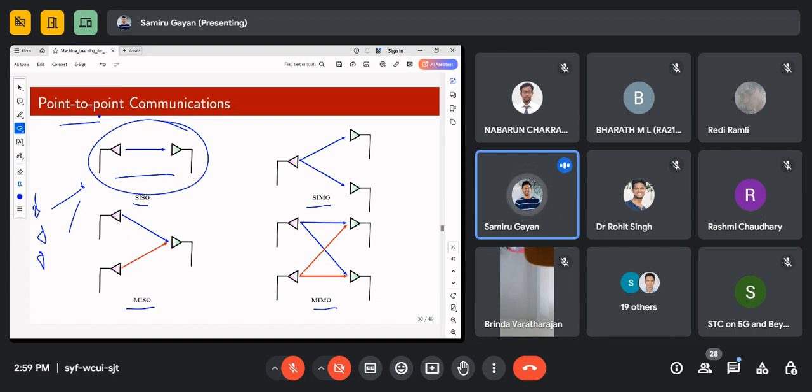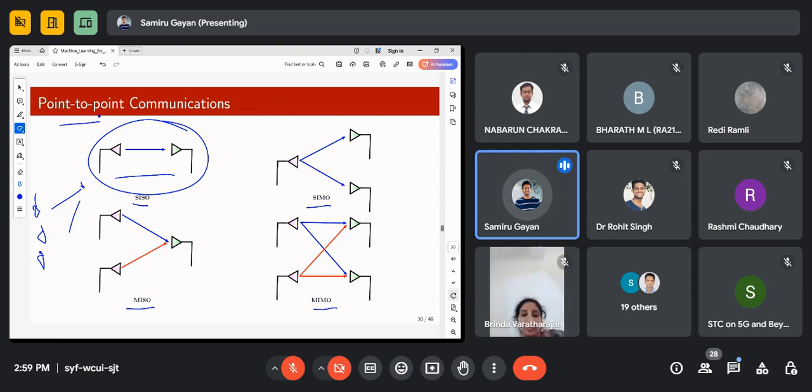So always we start as researchers applying machine learning models to the SISO case. We know the result analytically, and we want to get some insights using machine learning also, then we can do that using the SISO model. But the pretty useful case comes actually when we have more than one transmitter and receiver, or MIMO kind of setups, because the problems come in MIMO setups a lot compared to all the other SISO setups. Okay, we'll discuss that.